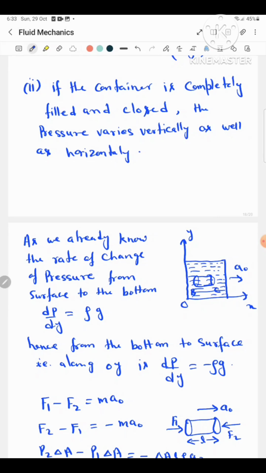When there is no acceleration, the pressure varies only vertically, but here there is a horizontal acceleration in the container. So the pressure will also vary horizontally in the liquid.